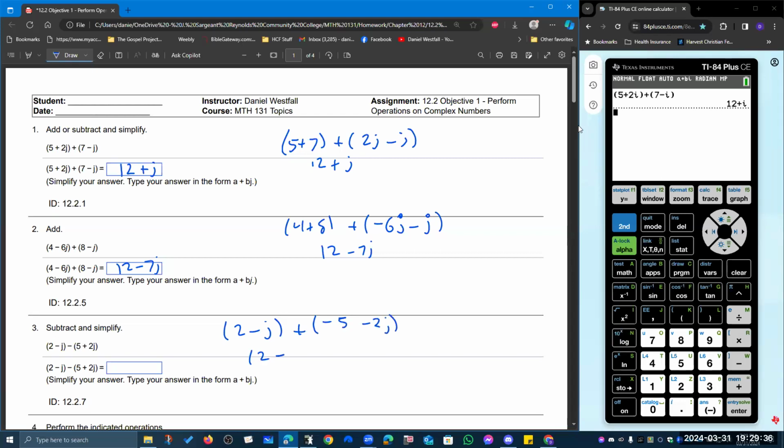So this is 2 minus 5 plus a negative j minus 2j is going to be a negative 3 minus 3j. And I'll just show you that on the calculator: 2 minus I minus 5 plus 2I, the negative 3 minus 3I, and you substitute the letter J for the letter I.